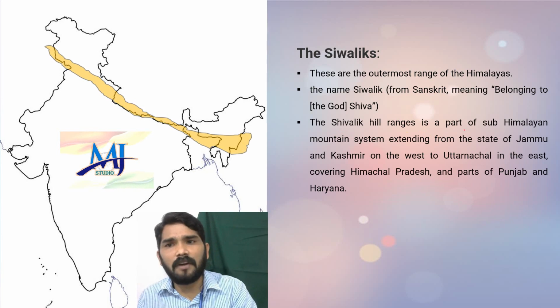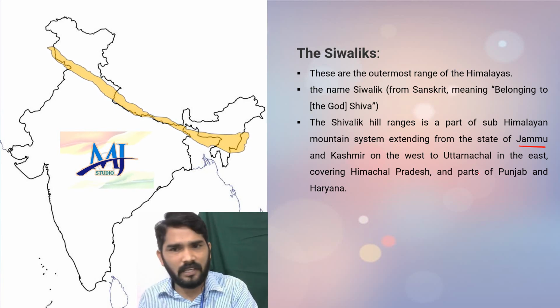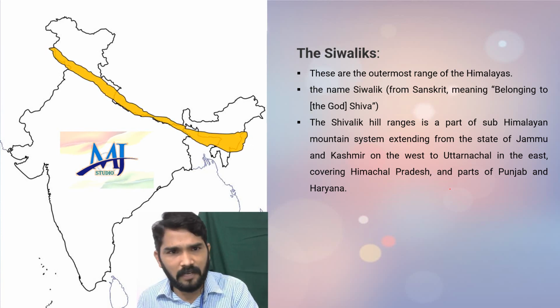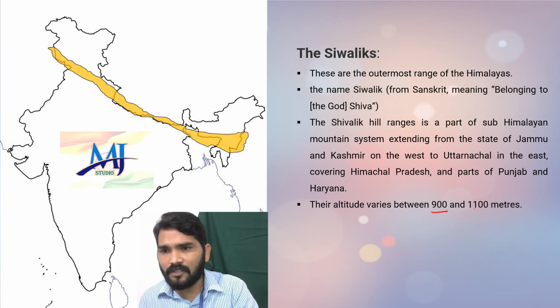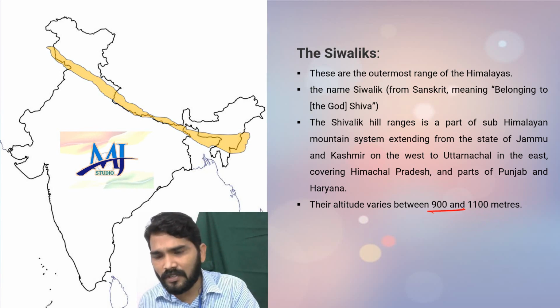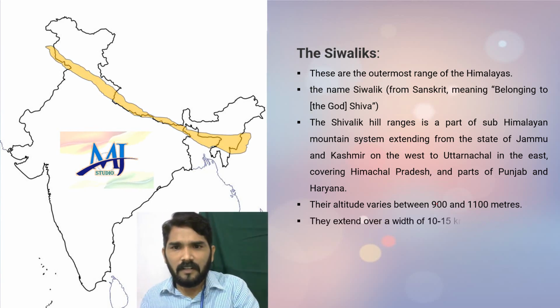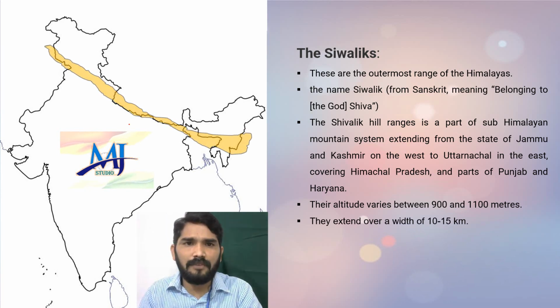The Siwalik hill range is part of the sub-Himalayan mountain system, and they extend from Jammu and Kashmir in the west to Uttaranchal in the east, covering Himachal Pradesh and some areas of Punjab and Haryana also. Their height is around 900 to 1,100 meters. So please remember, this is a very important question for many competitive exams. They extend over a width of 10 to 15 kilometers. That's the width of these mountains.